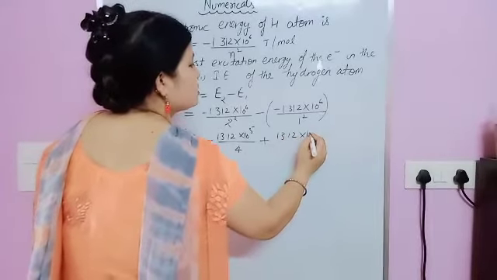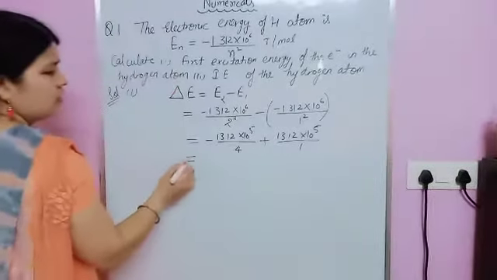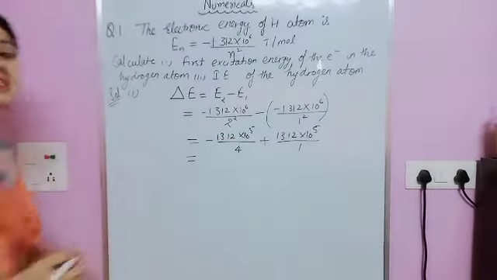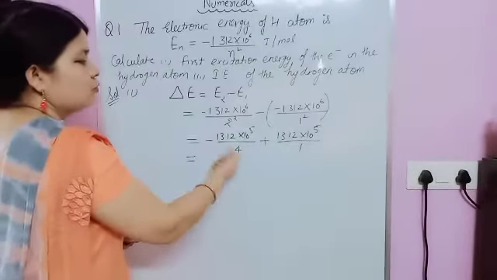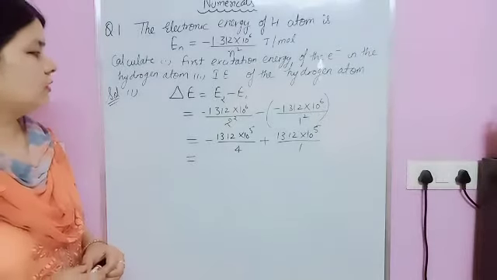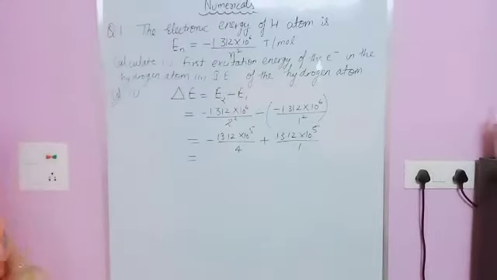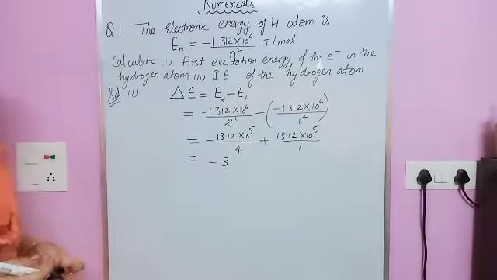Upon 1, no need to write. Now see its approximate value: 4 into 3 is 12, so your answer is around 3 point something. You can calculate it.